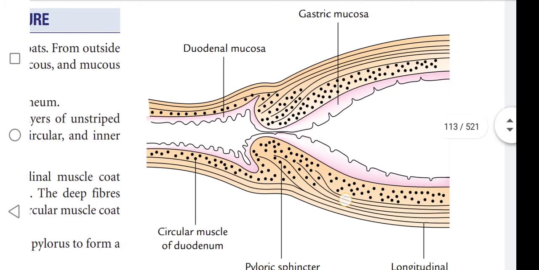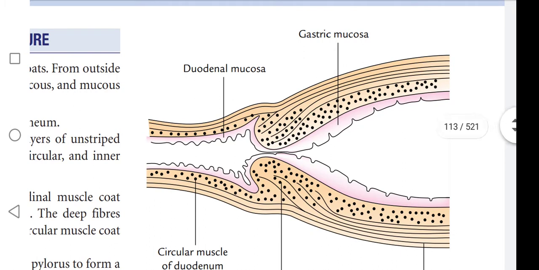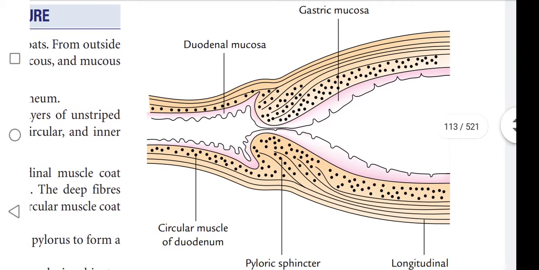These deep fibers turn inward into the circular muscle layer to form the pyloric sphincter. Guys, clear?